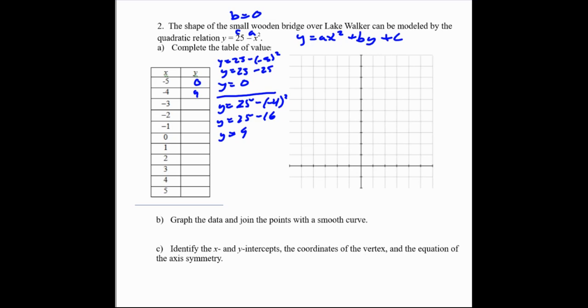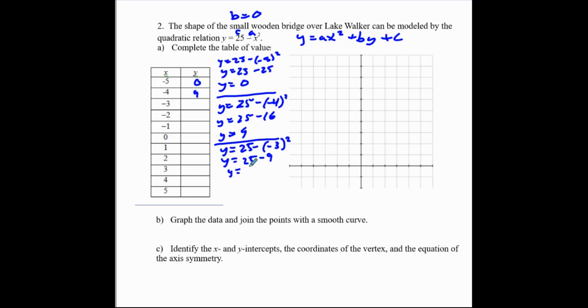And we have to keep going. So y equals 25 minus negative 3 squared. You see why you might want to use a graphing calculator. Negative 3 times negative 3 is 9. So it turns this to a positive 9, but there's already a negative symbol there, so it's negative 9. Same up here.